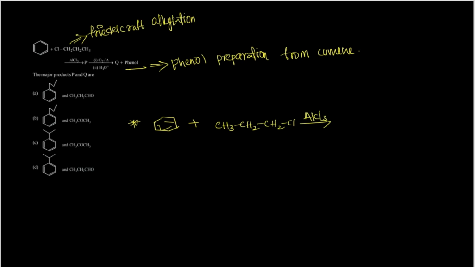As we know, in Friedel-Crafts alkylation, carbocation formation takes place first, and then there will be a possibility of carbocation rearrangement. If you have a primary carbocation and there is a chance of getting a secondary carbocation, then at that time we will do rearrangement. So let's see over here.